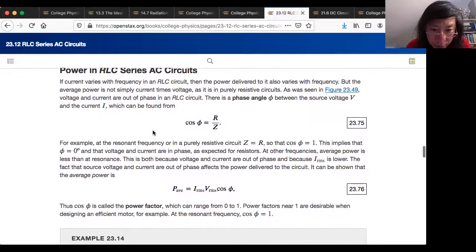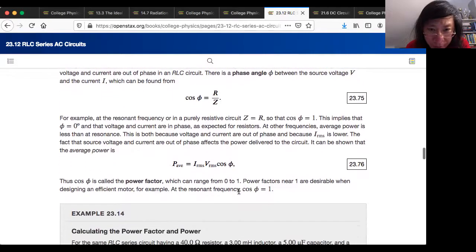But if the current and the voltage are changing all the time, which they are, and they're out of phase, which they are also, that makes it so that the average power is affected. It depends on this cosine phi, okay?